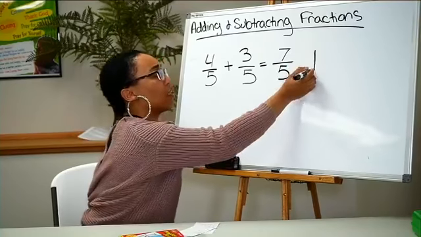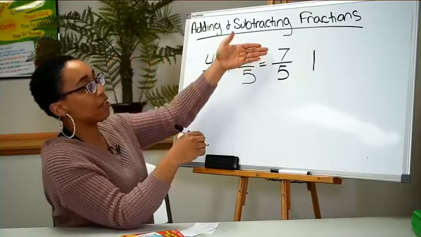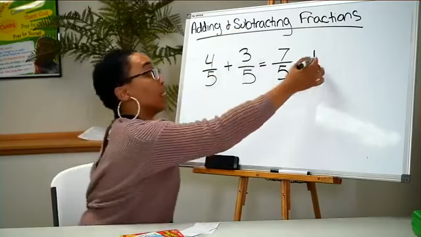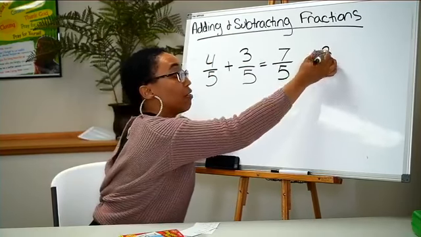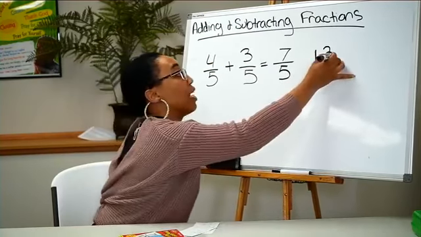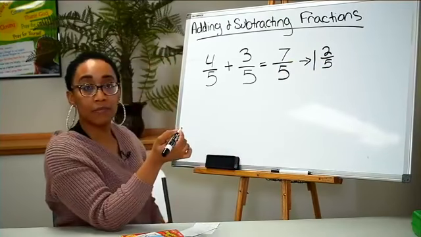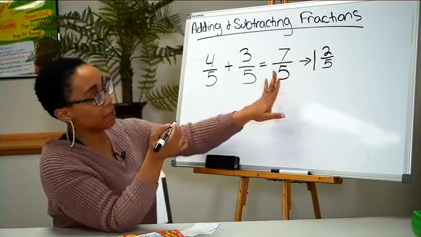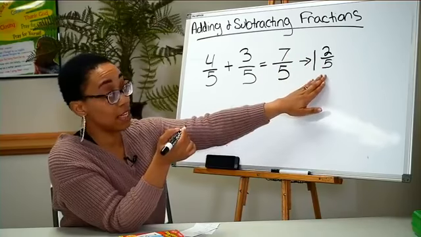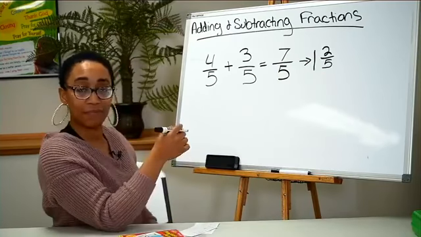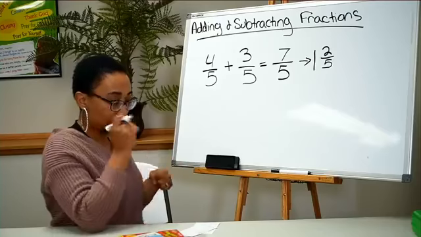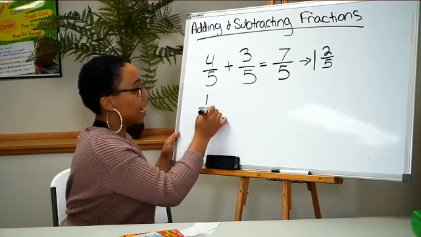So that becomes a whole number. And then how many are left? There's 2 left over. That's the remainder. That becomes the numerator, and the denominator stays the same. So that's how you turn an improper fraction into a proper fraction. So this is the correct answer. Pretty easy, right?